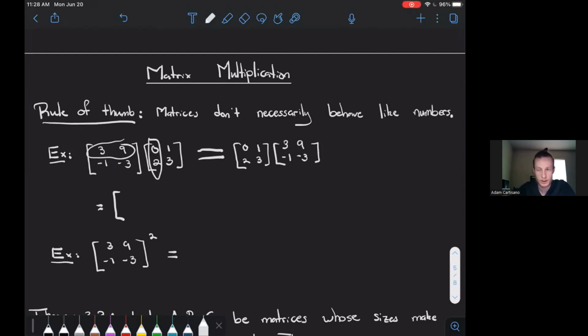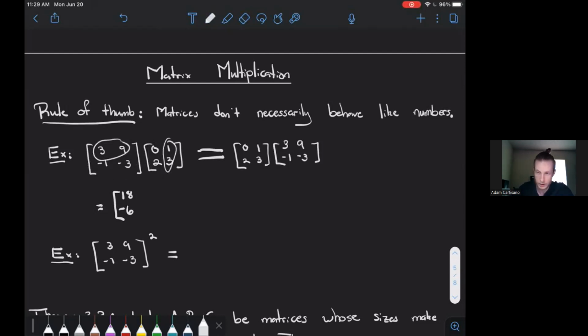So 0 times 3 is 0, 2 times 9 is 18, 0 plus 18 is 18. Then let's do the one below it. So 0 times -1 is 0, and 2 times -3 is -6. Then let's do the top right entry.